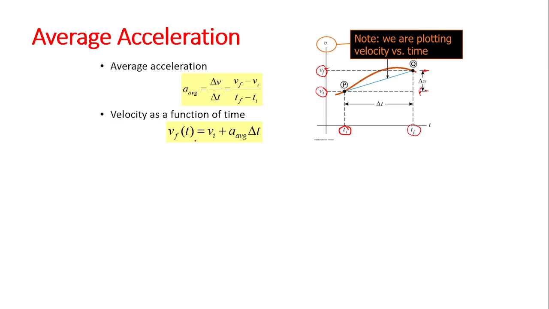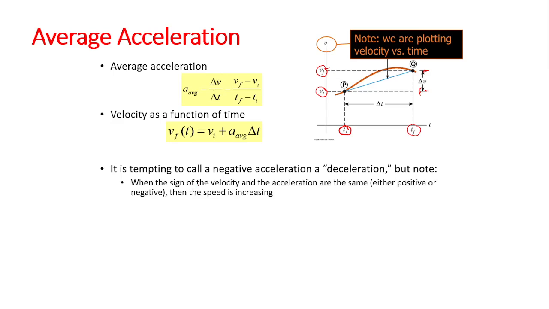It is tempting to call a negative acceleration deceleration, but note that when the sign of the velocity and the acceleration are the same, either positive or negative, then the speed is increasing. At school, we would have been told deceleration is when the slope is going down.